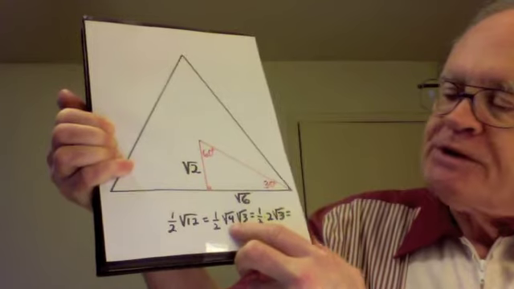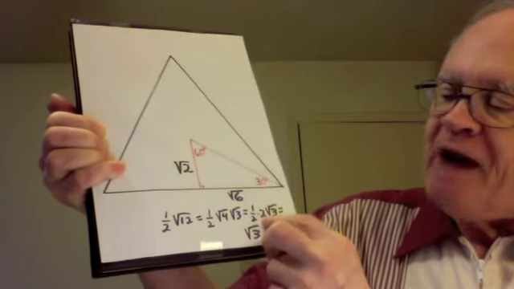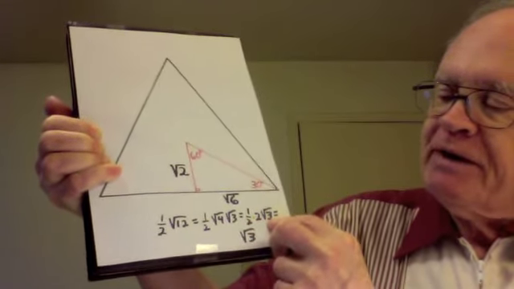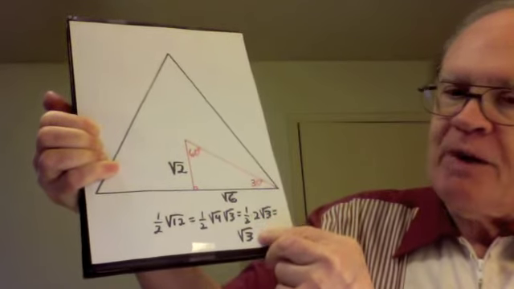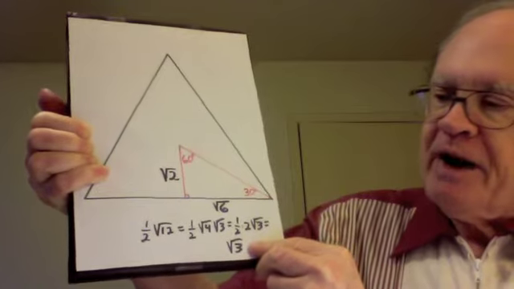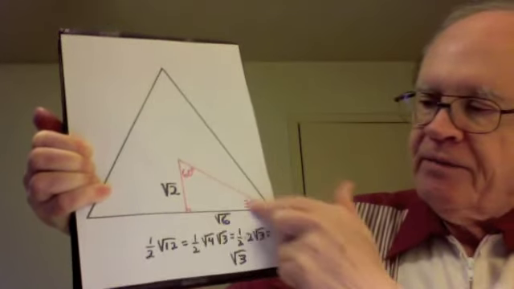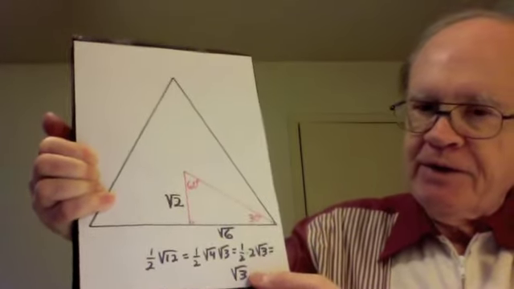The square root of 4 is 2, so 1/2 times 2 times the square root of 3. 1/2 times 2 is 1. So that's just the square root of 3. So the area of this triangle is the square root of 3.